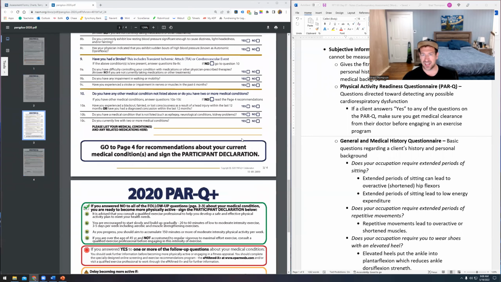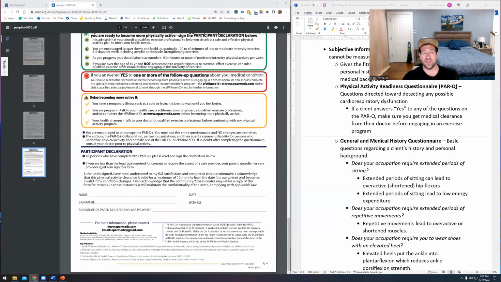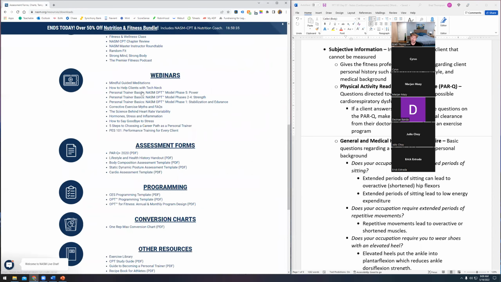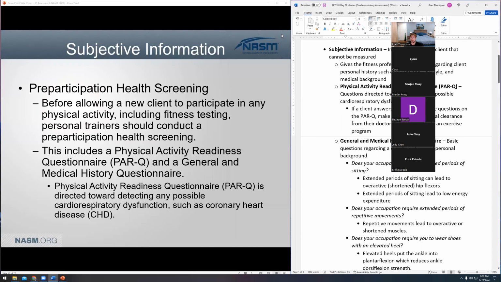And if they say yes to anything on here, now they are going to sign the participant declaration. The participant declaration basically says, yes, I do have this medical condition, but I am declaring that I want to engage in this exercise program despite my medical downfalls, right? And that's, again, keeping you and the client safe, right? You did your due diligence to find anything out, and you did everything you can to keep yourself legally safe.